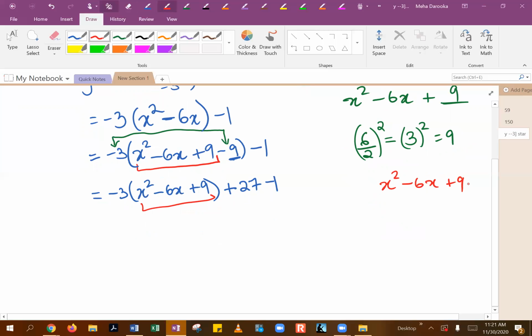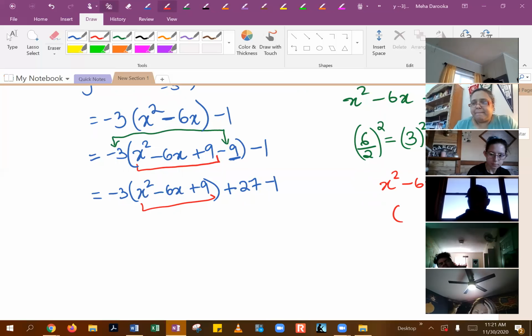So what does this factor into? X squared minus 6x plus 9. X minus 3.